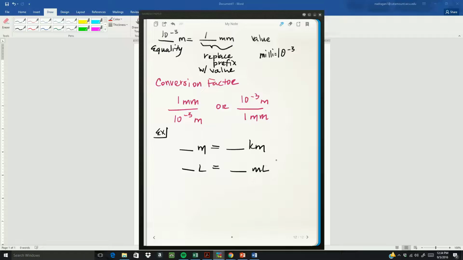So write the equality by looking at what the value is for each, putting a 1 in your prefix, and then writing the value on the left side where there's no prefix. So I'll give you guys a few minutes to do that. Try it on your own, and then we'll go over it. You can just pause the video if you want in the meantime.